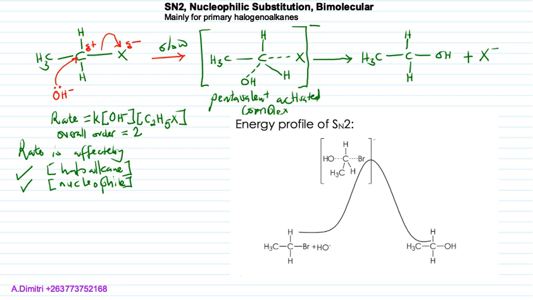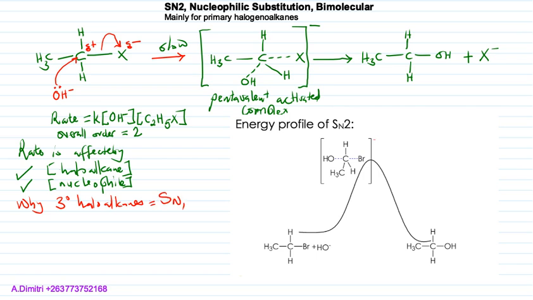Then why tertiary halogenoalkanes? Why do tertiary haloalkanes favor SN1?